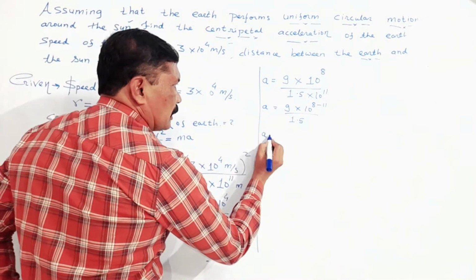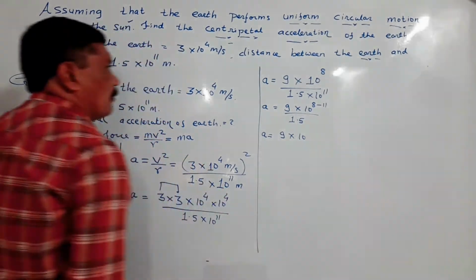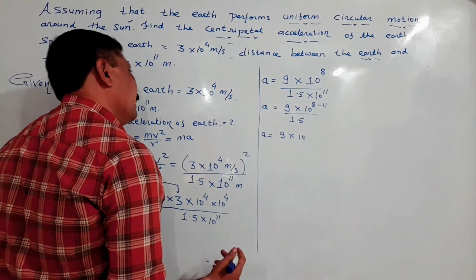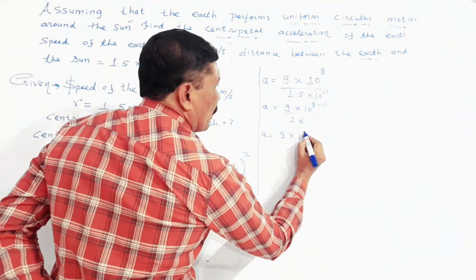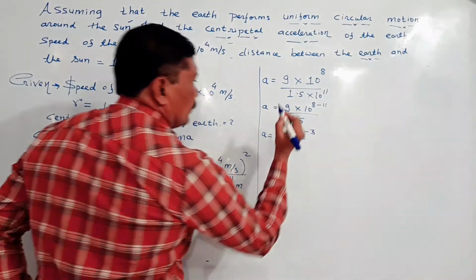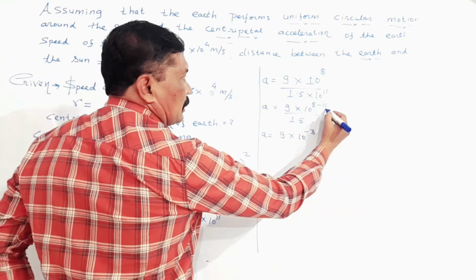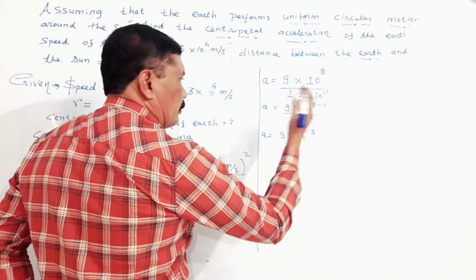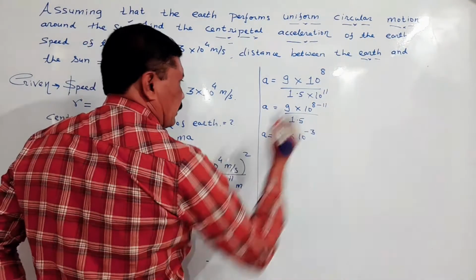Now my dear student, a is equal to 9 into 10 to the power 8 minus 11. 8 minus 11 we will get minus 3, because 11 is the greater number and its sign is minus, so we take the sign of the greater number.